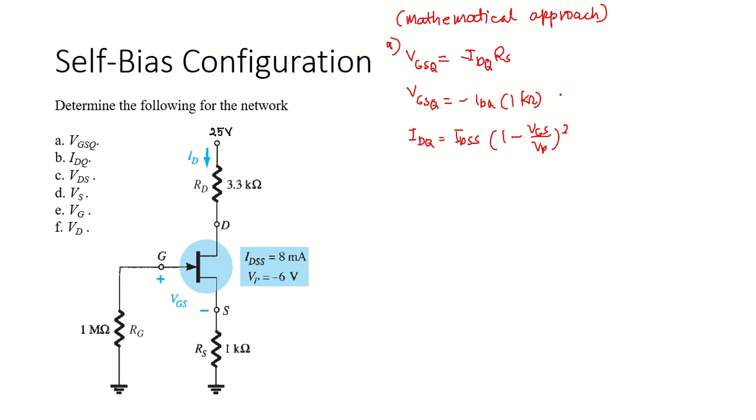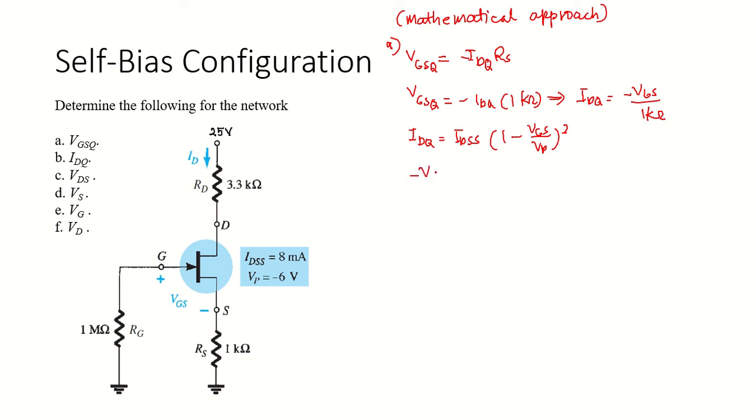How? By substituting. We will express this IDQ as negative VGS all over 1 kilo ohm. So we will substitute this equation into the Shockley's equation here.